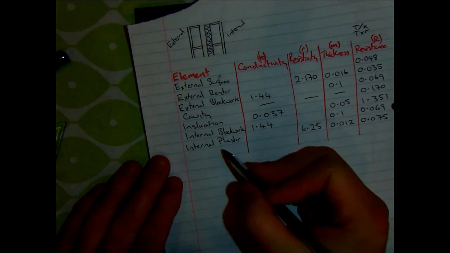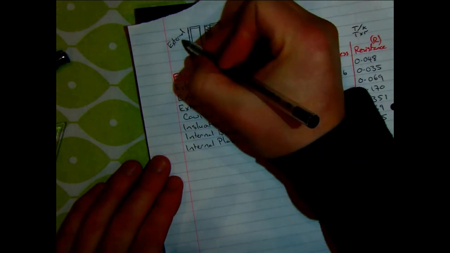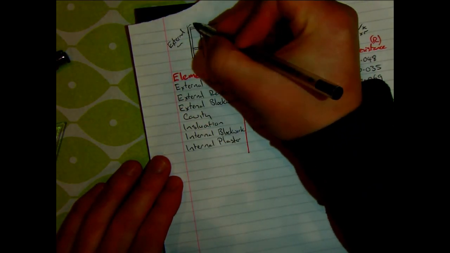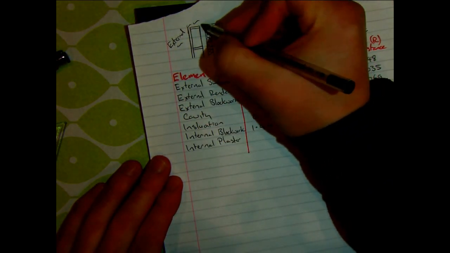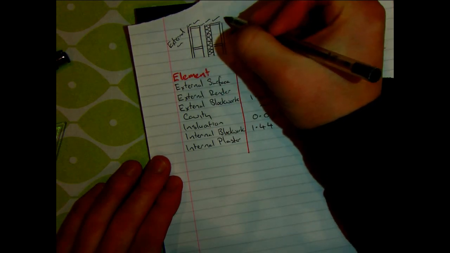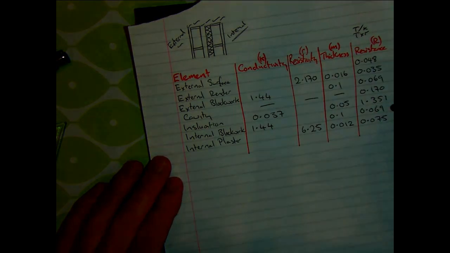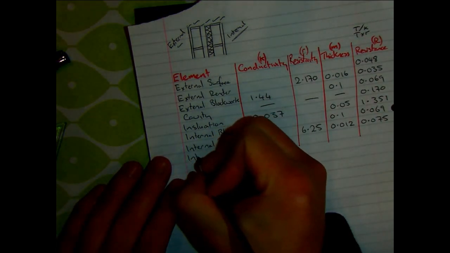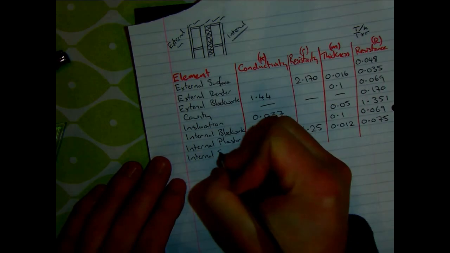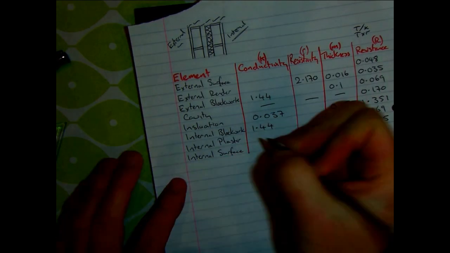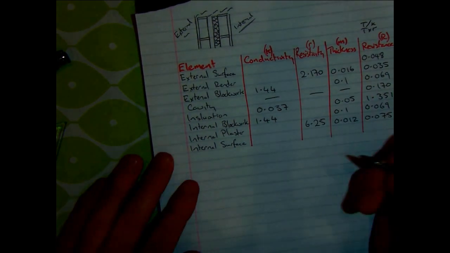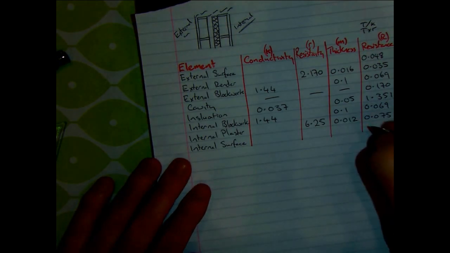0.075. Now, last one, so if we look at it, we have the external done, we have the render, external block, cavity, insulation, internal block, internal plaster. We have to do our internal surface as well. So for our internal surface, we're actually just given the resistance of this.